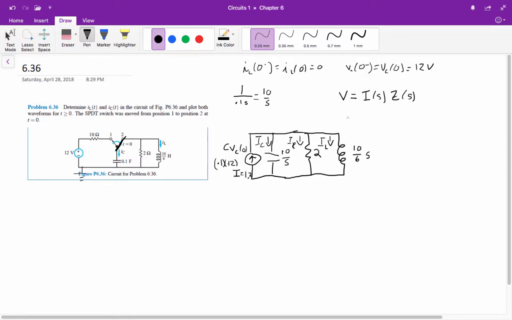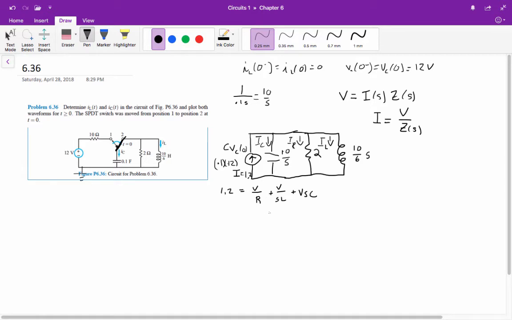And so I equals V over Z of S. So this current right here, 1.2, has to equal, I'll just write it quickly, V over R plus V over SL plus VSC.